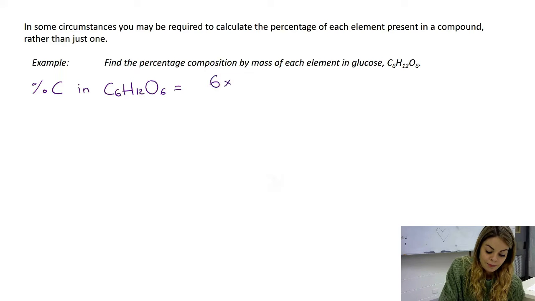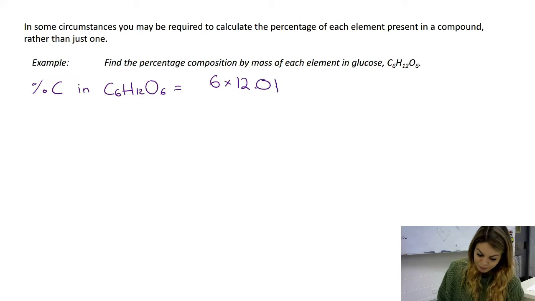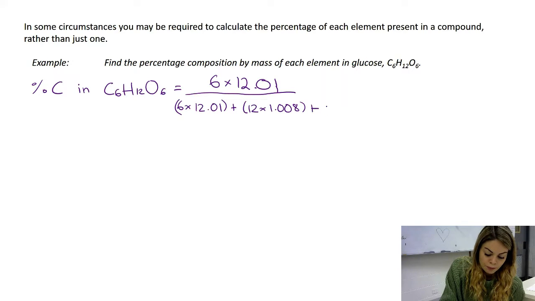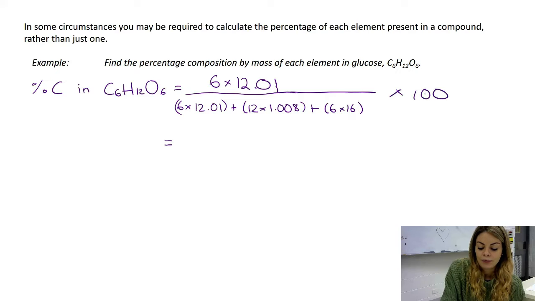So there's 6 of them, and they each weigh 12.01 atomic mass units, divided by the whole thing, which is 6 lots of carbon plus 12 lots of hydrogen plus 6 lots of oxygen. And that, times by 100, sorry. And if you put that in your calculator, it comes out to be 40%.